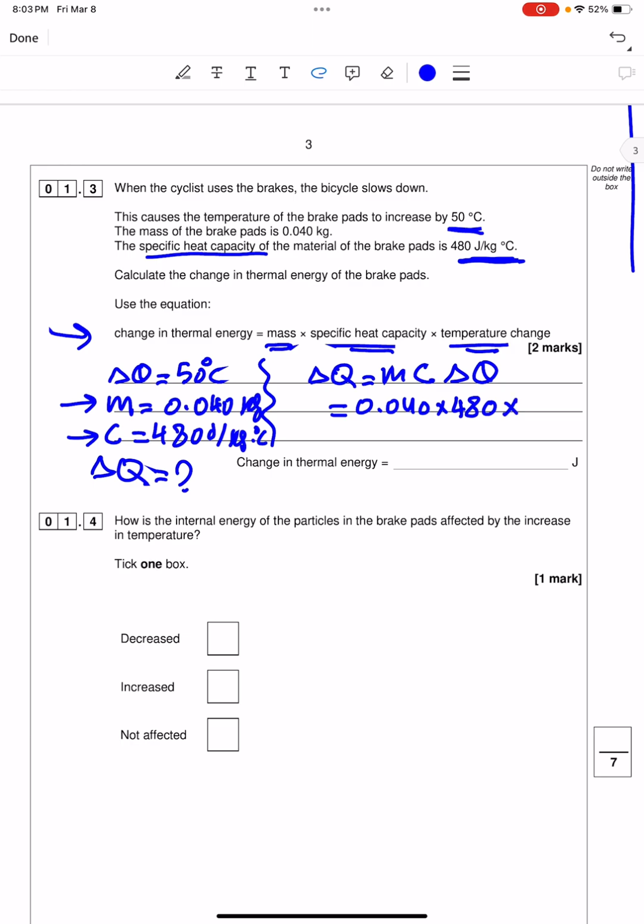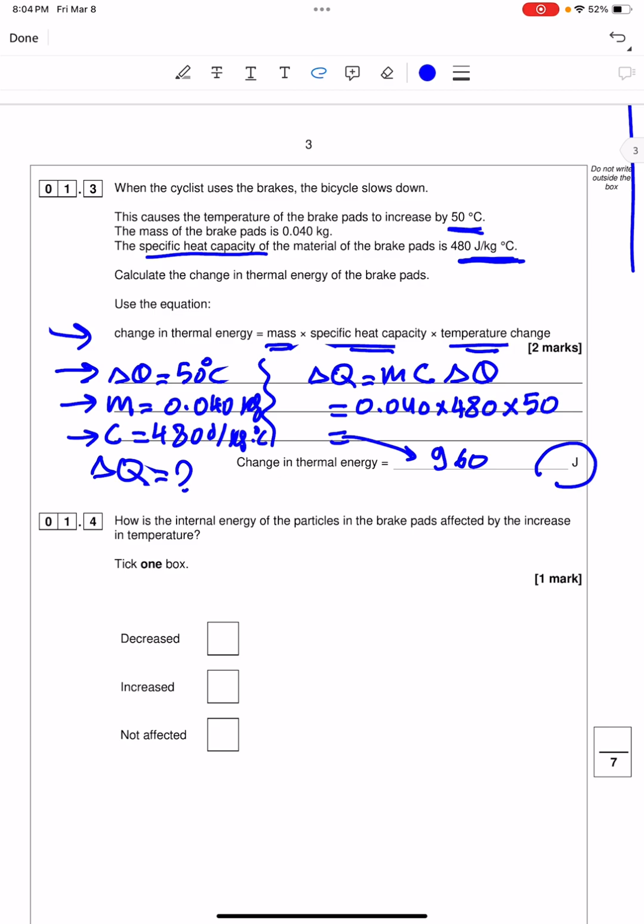Then the delta theta, which is 50 degree Celsius. Now all you have to do is just use your calculator. And the answer is going to be 960 joule. Again, joule is written here, you don't have to worry about it.